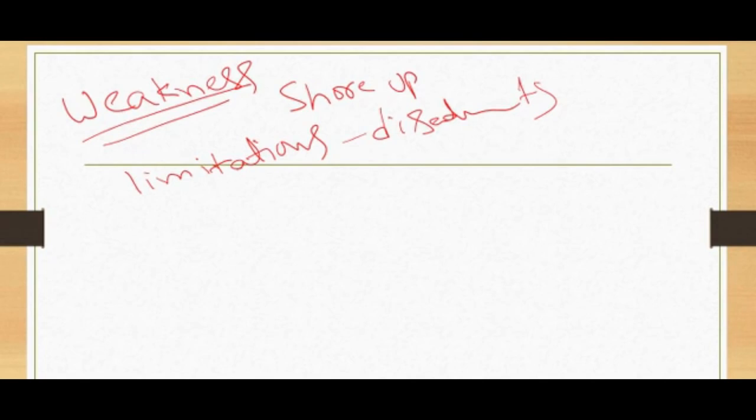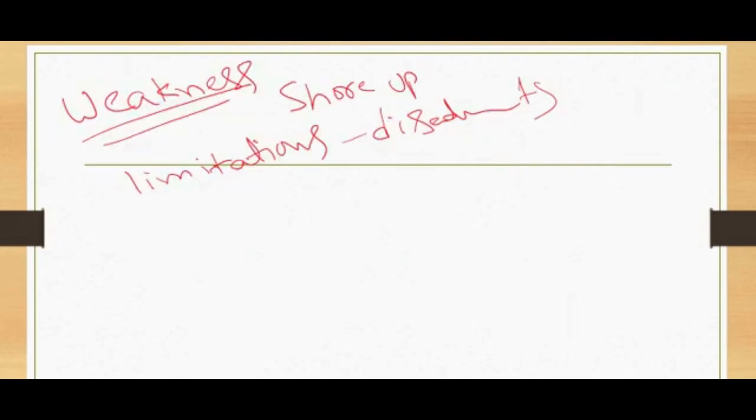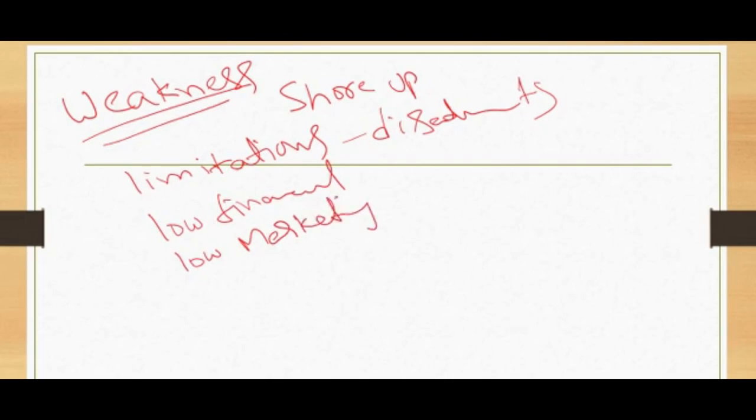We need to list them out, like we did for strengths. For example, you do not have enough money to invest, low financial strength, or low marketing skills, or low R&D capabilities, or very low communication skills.